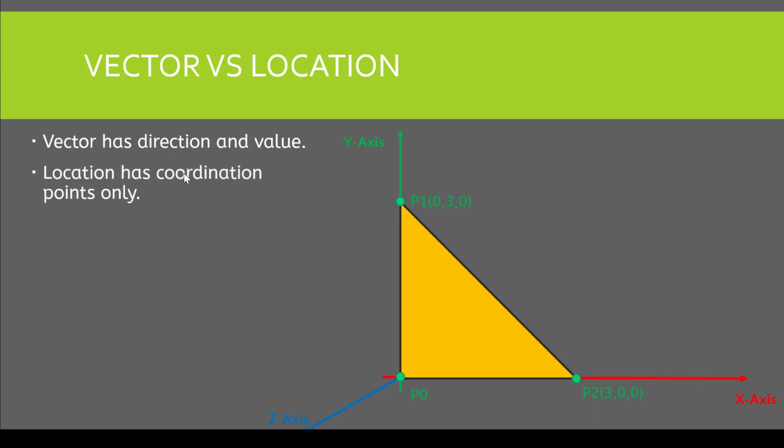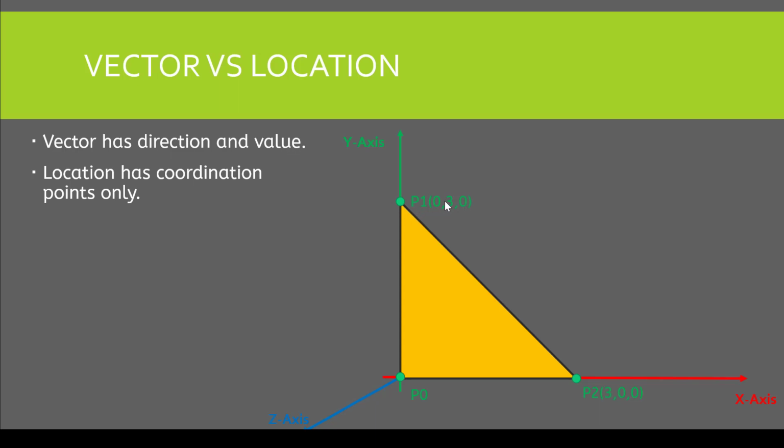Location has position, a coordinate point only. So if I say location, this is only one point in the whole world space. If I say point 0,3,0, it is only this point.